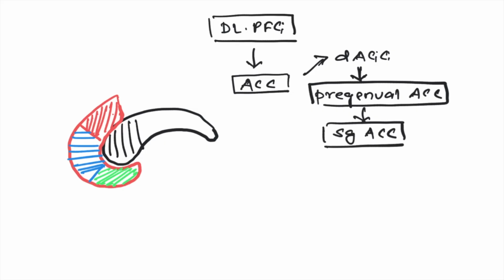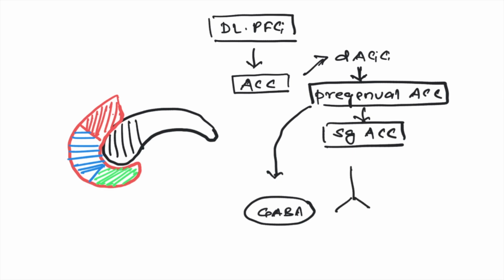If you want to follow this in a little bit of detail, the pregenial anterior cingulate cortex sends glutaminergic projection to the GABA interneurons in the subgenial anterior cingulate cortex, which in turn modulates the pyramidal neuron firing of the subgenial anterior cingulate cortex. So this is the pyramidal neuron that belongs to the subgenial anterior cingulate cortex.